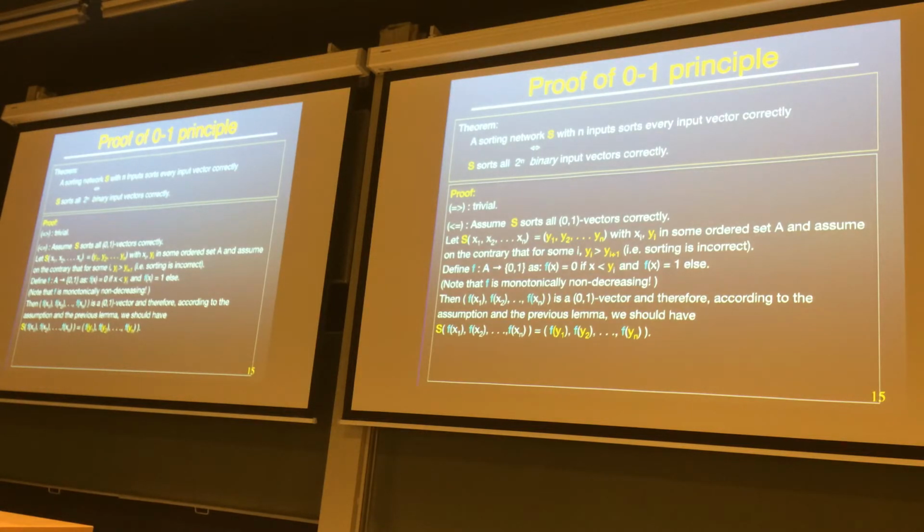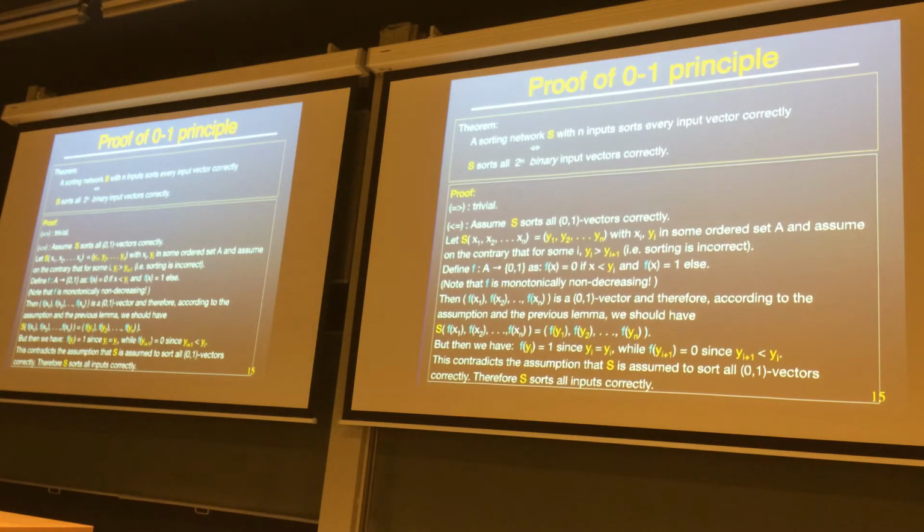Okay. Now we will show that this cannot happen. In other words, we already made a mistake here with sorting the binary inputs. Why? Well, look at f(yi). It should be equal to 1. Why? Well, we defined that if you have an input x here, or yi, then it should be 0 if x is less than yi, and it should be 1 else. So f(yi) is by definition equal to 1.